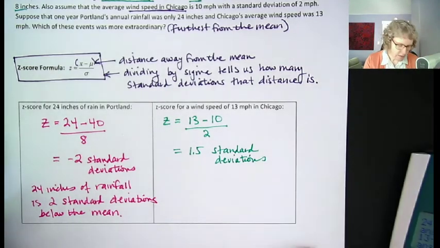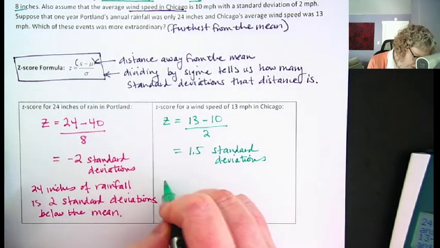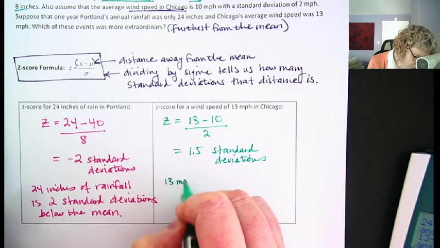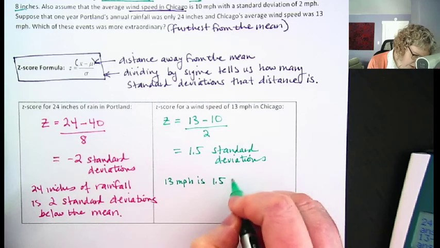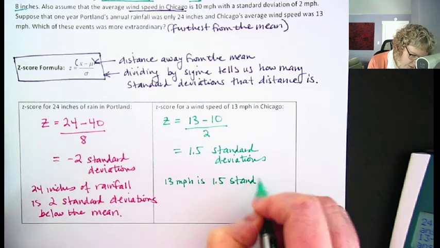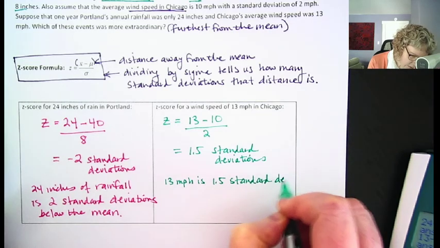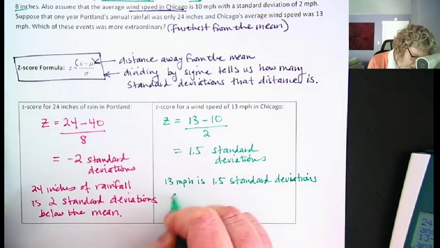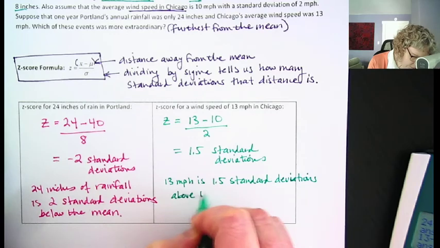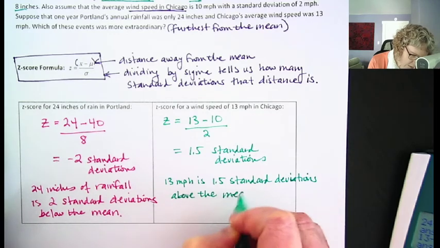Or we can say that 13 miles per hour is 1.5 standard deviations above the mean.